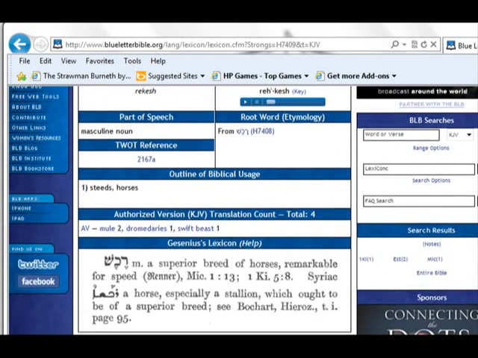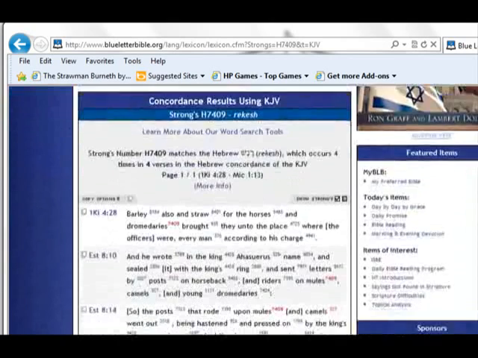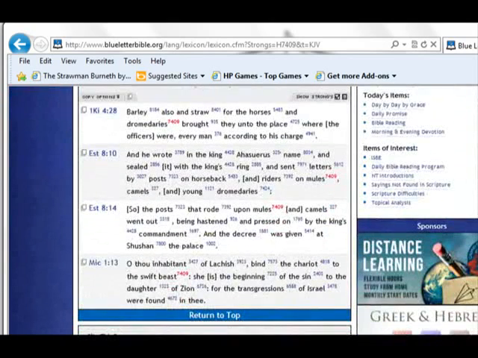Right? That's what it means. And if you read through all those, it'll give you some idea that's what's happening. This is 1 Kings 4:28, Esther 8:10, Esther 8:14, Micah 1:13. So I was referring to beast, mules, and dromedaries.